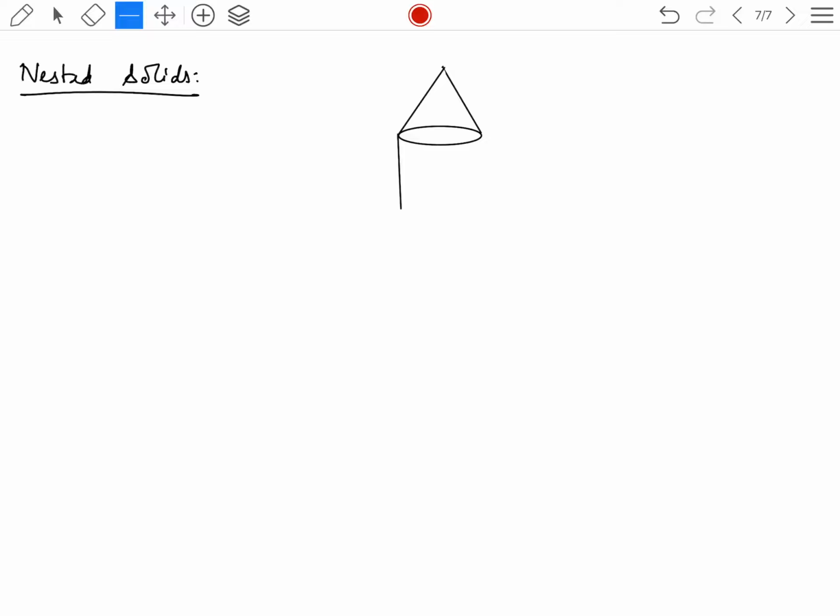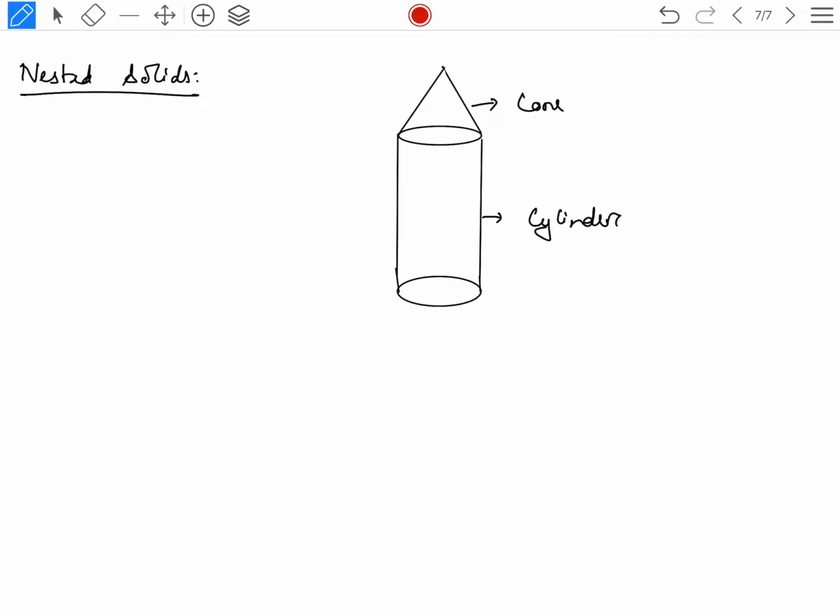Then one cylinder will also be there in this way. So your pen or pencil is made up of one cone and one cylinder. Such type of figures where you will find two or more than two solids are known as nested solids.